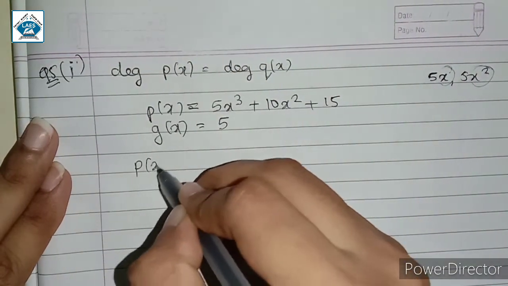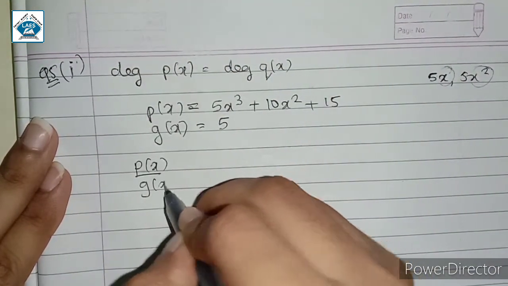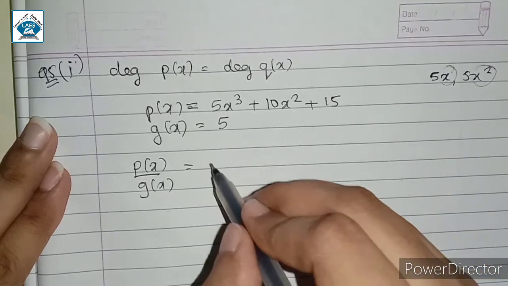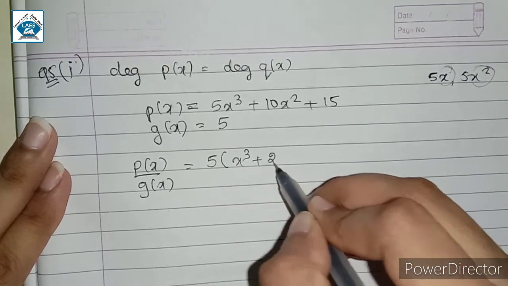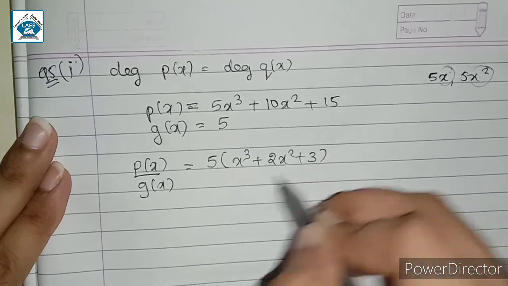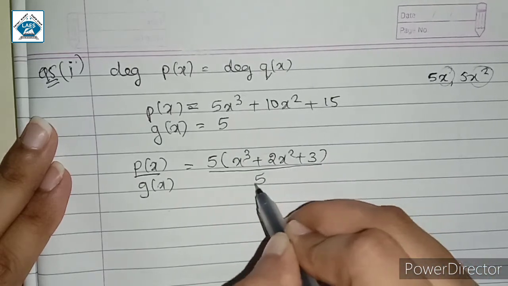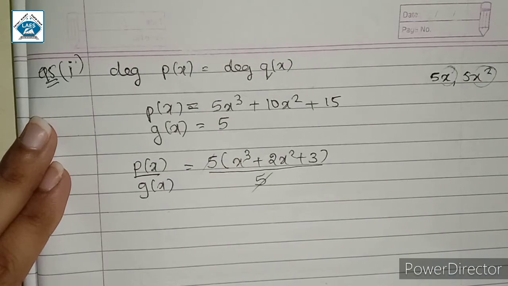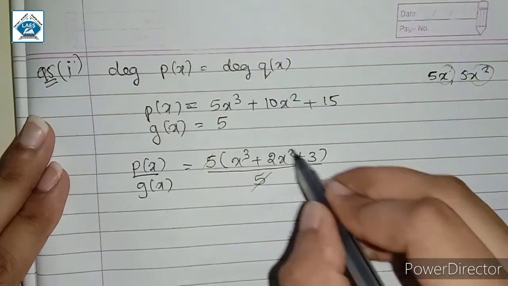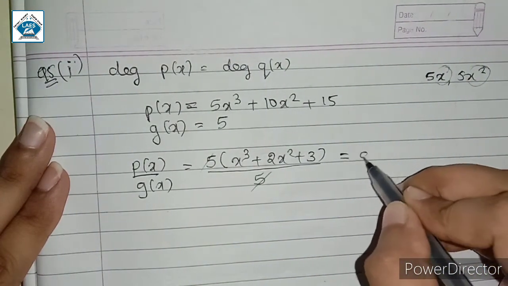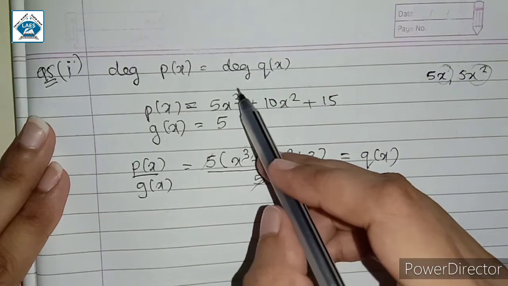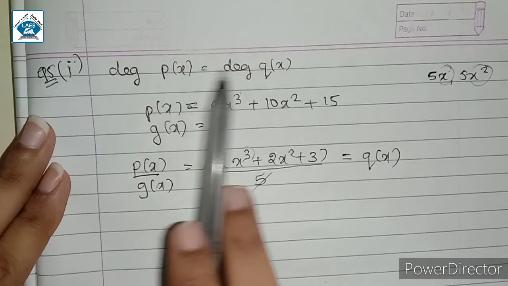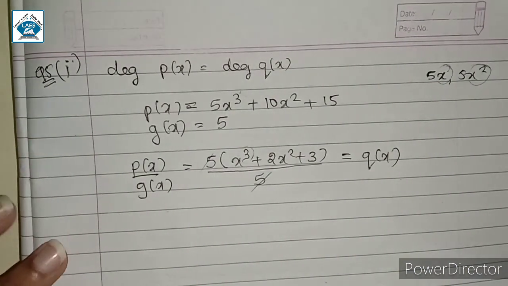So now when we divide p(x) by g(x), in p(x) we can take 5 common, then we have x cube plus 2x square plus 3, and when we divide it by g(x), 5 and 5 get cancelled. So what we are left with is q(x). So here q(x) is also a cubic polynomial and p(x) is also a cubic polynomial. Therefore degree of p(x) is equal to degree of q(x).